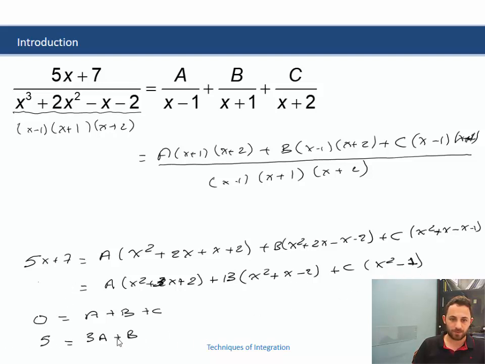And the constant term: 7 equals 2A minus 2B minus C.